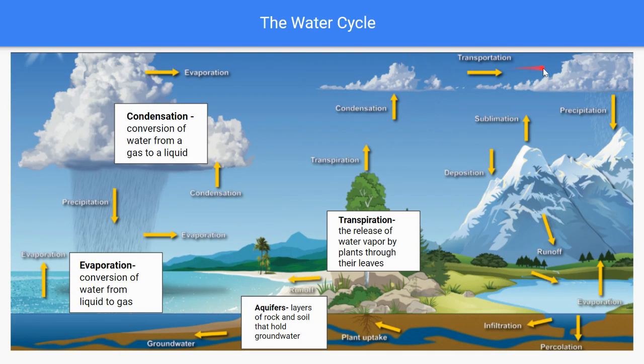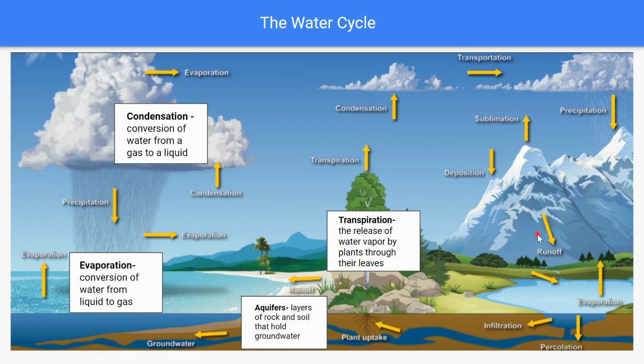We've got this process of transportation, which is essentially that the atmosphere can carry water over really, really long distances. And then precipitation. Deposition and sublimation are essentially the water cycle, but with ice. So sublimation is getting straight from ice to a gas, which doesn't happen very often, and deposition is going straight from gas to ice.